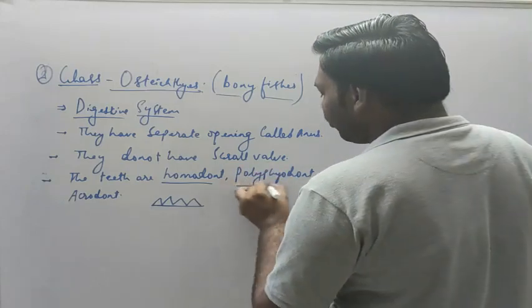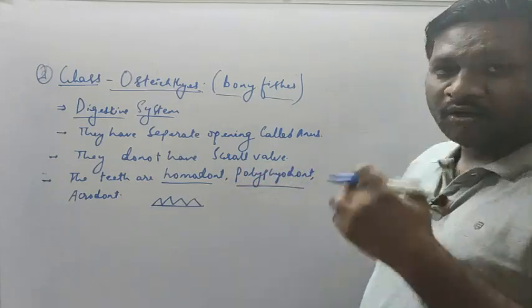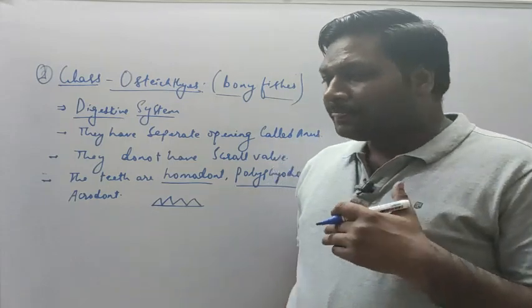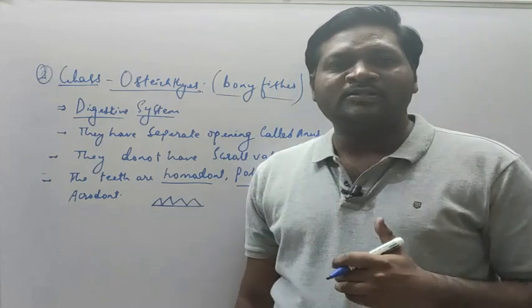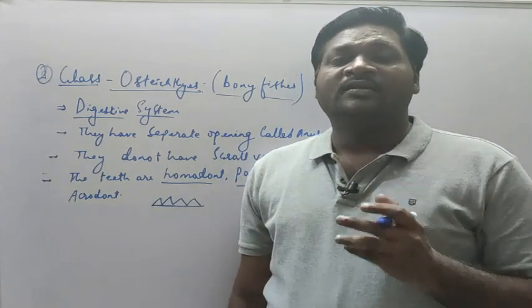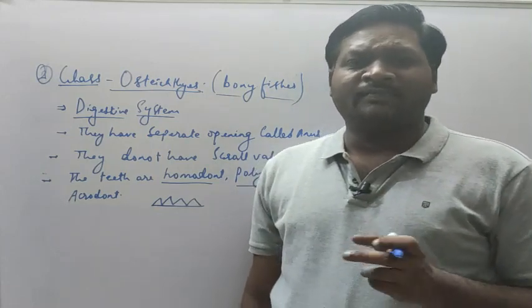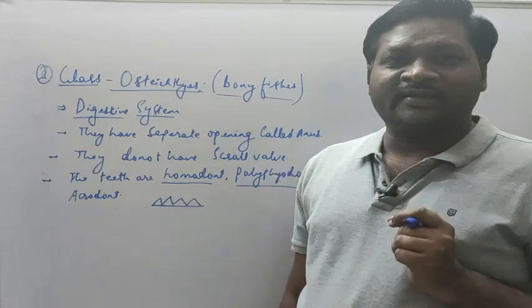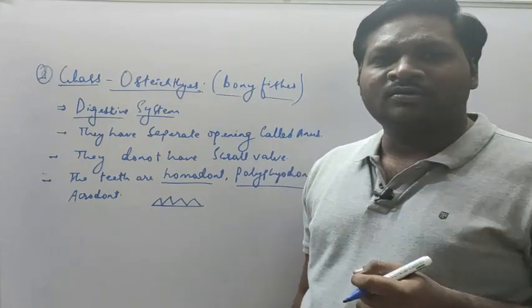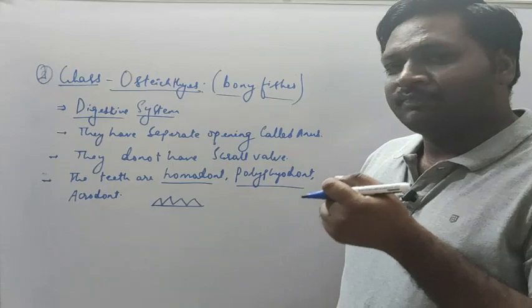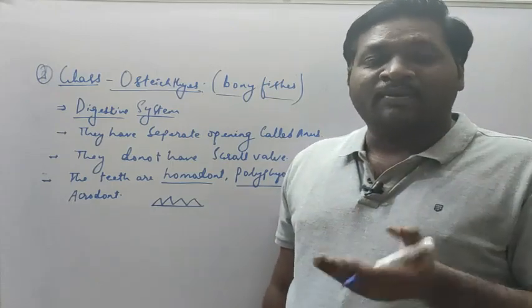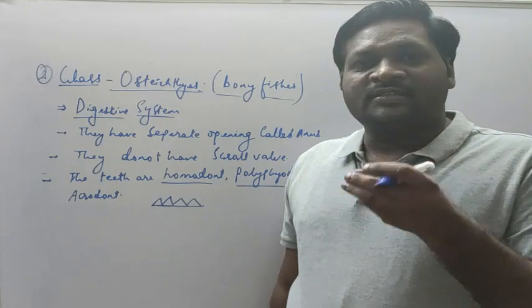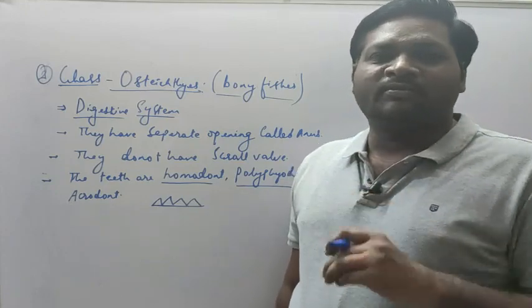Then polyphyodont. Polyphyodont is a property of re-arising the teeth. Like in humans or in other animals we see there are only two sets of teeth. In Marathi or Hindi we call it doodh ke daant, in Marathi dudache daant. So that milk set, if it is broken, new teeth will arise. But after that, if those teeth are broken again, no teeth will arise.